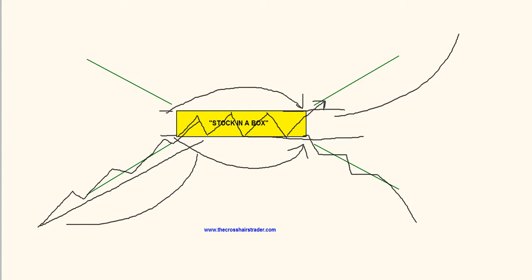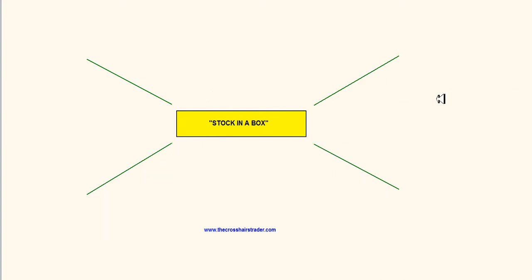Now, if we have a stock that has been trending down, same principle. A trend exhaustion will usually take place after some time, and you can watch as the price begins to consolidate.